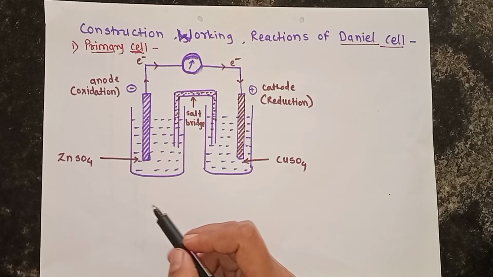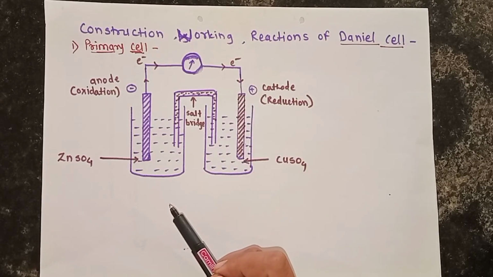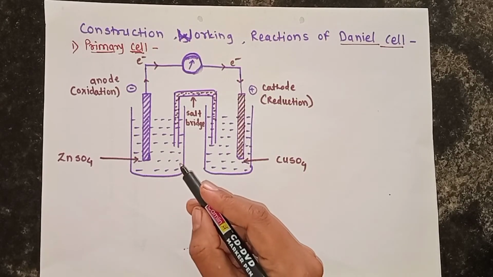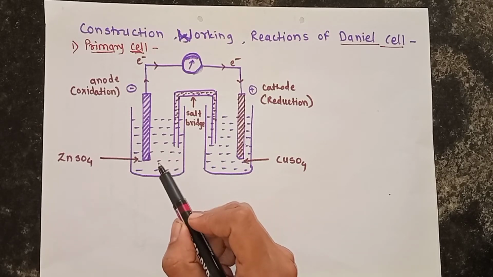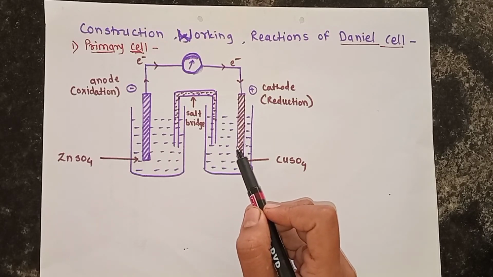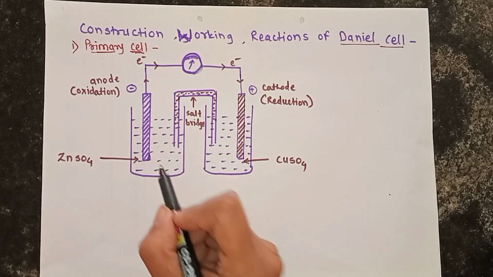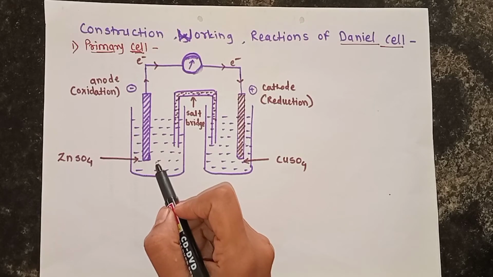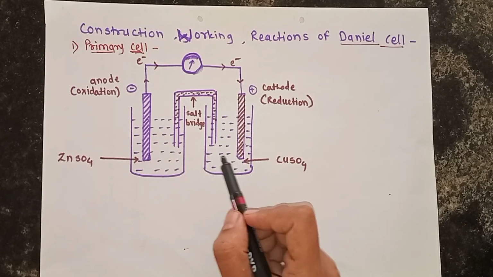Let's discuss the construction of the Daniell cell, which converts chemical energy into electrical energy. The Daniell cell has two half cells.